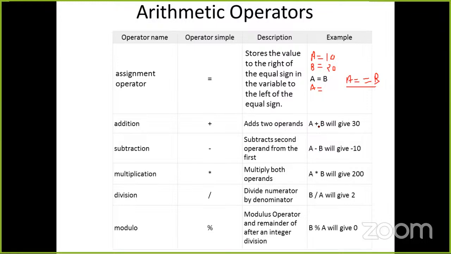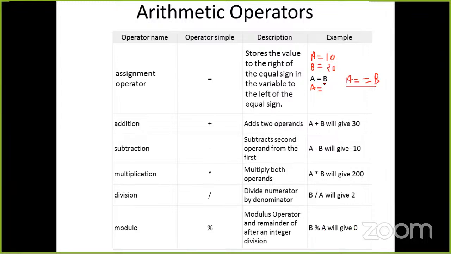A minus B, that is 10 minus 20, so minus 10. A into B, 20 into 10, 200. B by A, that is 2. B modulo A will give you 0. This one is the remainder.